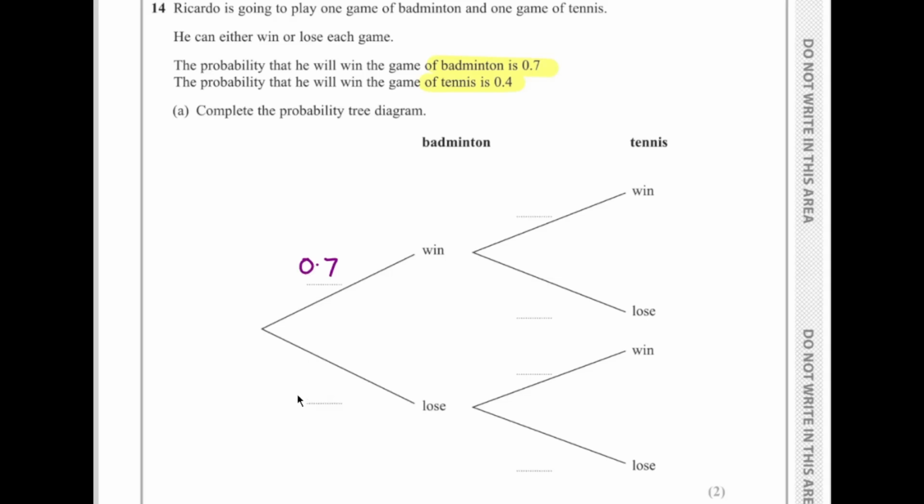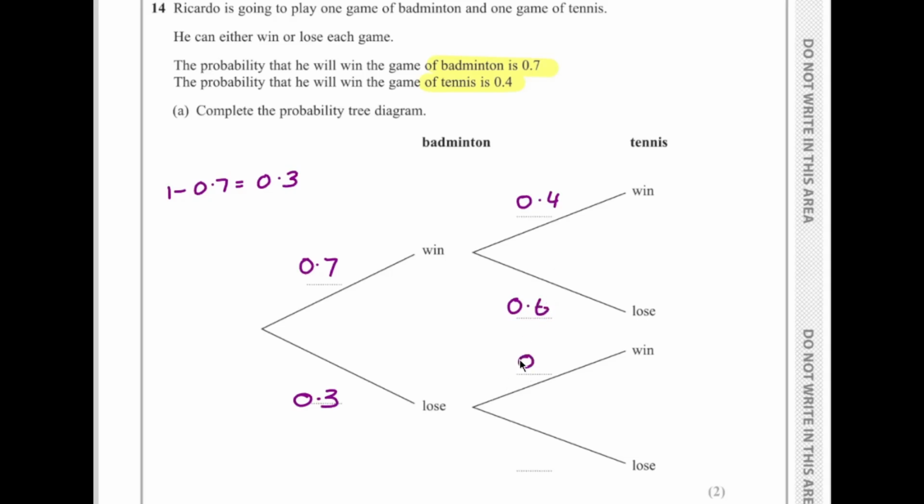And once we add the two branches, they add up to 1. Then if this is 0.7, 1 minus 0.7 equals 0.3. Therefore, this would be 0.3. Next one, the probability that he will win the game of tennis is 0.4. Then this one will be 0.6 as they add up to 1.